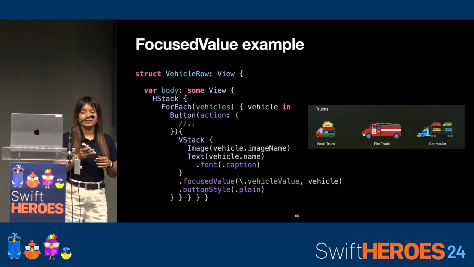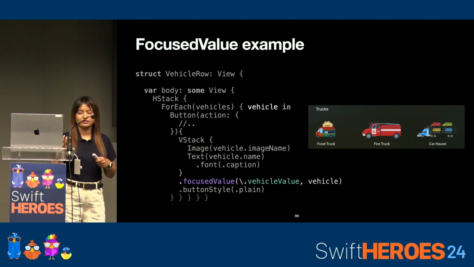And then the next thing is using the focusedValue modifier. So instead of the focus modifier we used before, we're going to use the focusedValue modifier. It takes two arguments. First one is the key path that we just defined before, and then the value.